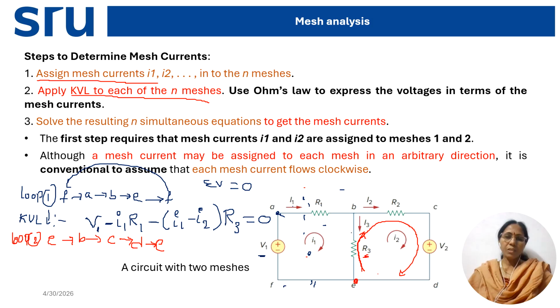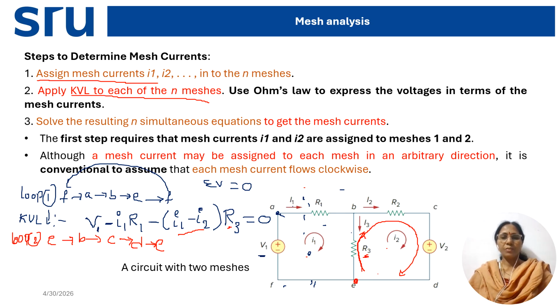When you are writing the equation in loop 2, you have to take I2 minus I1. Because earlier, when writing the voltage drop across R3 in loop 1, we took R3 into I1 minus I2. But when writing the voltage drop across R3 in loop 2, you have to write R3 into I2 minus I1, because if I am writing the equation in loop 1, I1 is considered greater than any other loop current. When writing KVL in loop 2, you have to consider I2 greater than the remaining loop currents.